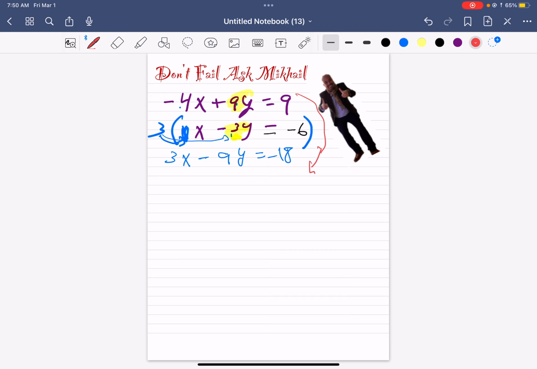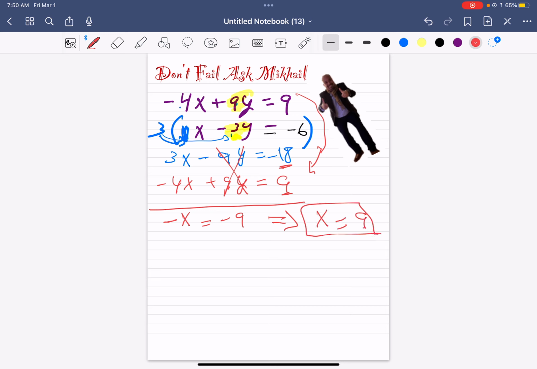So I'm just going to write it as negative 4x plus 9y equals 9. Add the two equations. This cancels. Now I have negative x equal to negative 18 plus 9 is negative 9. And that will make x equal to positive 9.